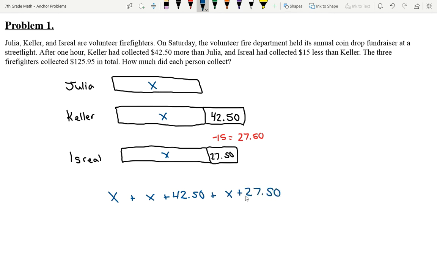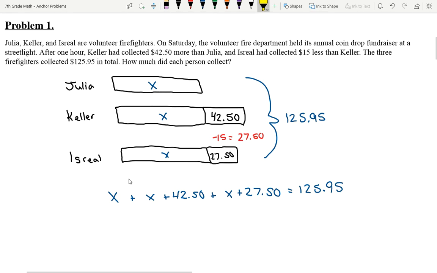Oh, but wait, what is that all equaling? Well, didn't they all together raise $125.95? So this equation equals $125.95. And I can look at these like terms, these x's. Let's take the x plus the x plus the x and call that now 3x.